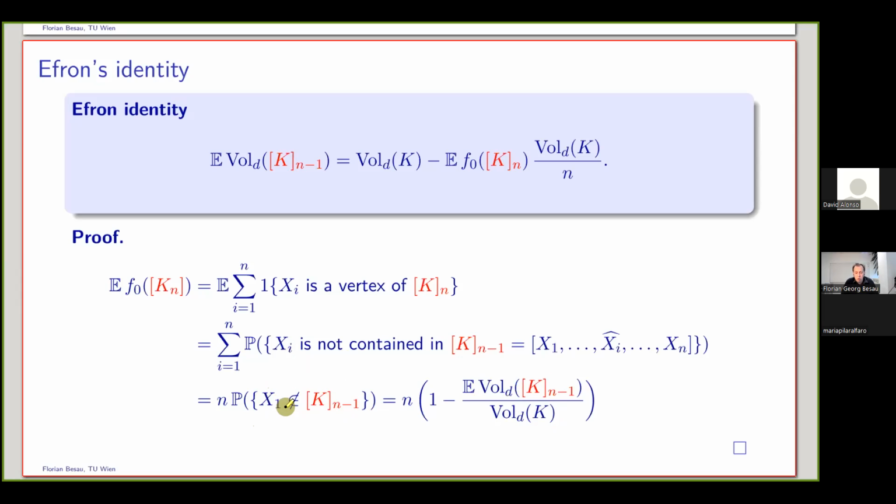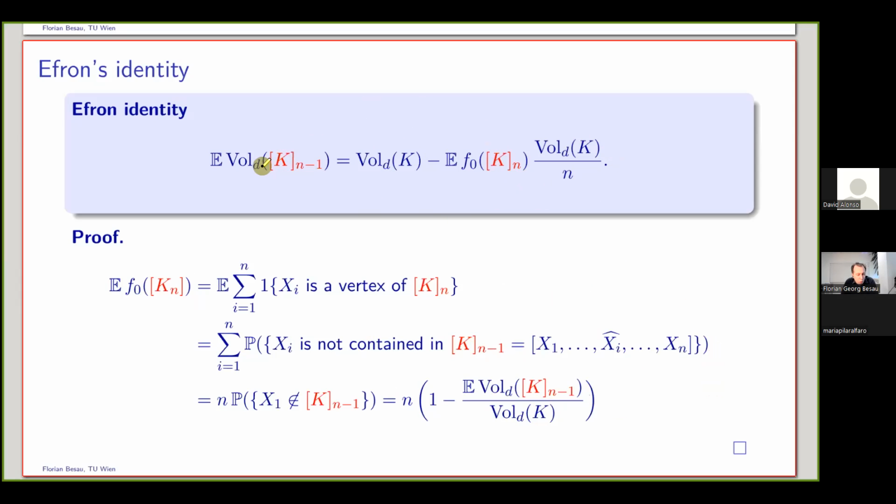And then x1 is a random point, so you have to integrate, and then you get the expectation of this volume of the random polytope over the volume of K. So these are 3 lines. Every step is very easy. It does not depend at all on the Euclidean structure. All we are using is basically convexity. And if you then rearrange everything, you get exactly the formula as I've written here.